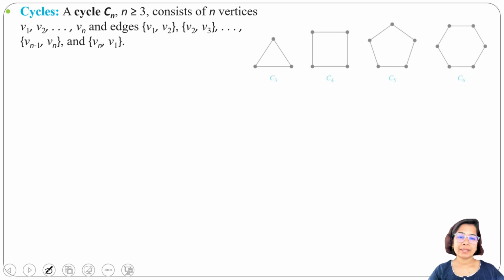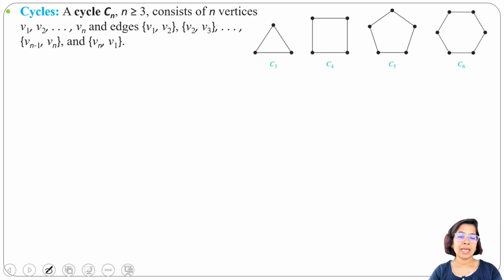Now cycle examples. This is C3, a cycle consisting of 3 vertices. Each vertex is adjacent to the next vertex. Let them be V1, V2, V3. There is an edge between V1 and V2, between V2 and V3, then V3 to V1.